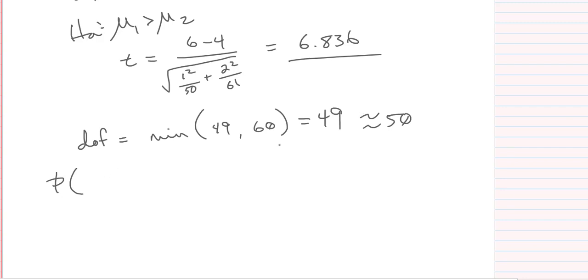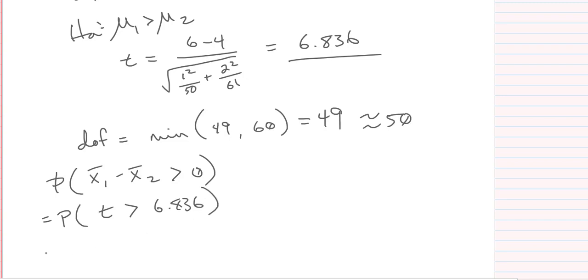We want to see that x bar 1 minus x bar 2 is greater than 0, which we turn into the t-statistic and check that it's greater than 6.836, which is the same as 1 minus the probability of t less than 6.836.